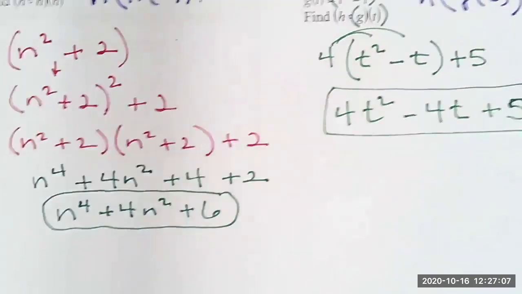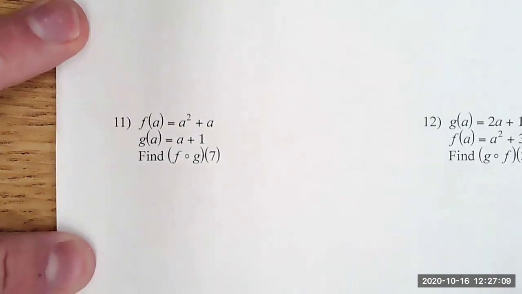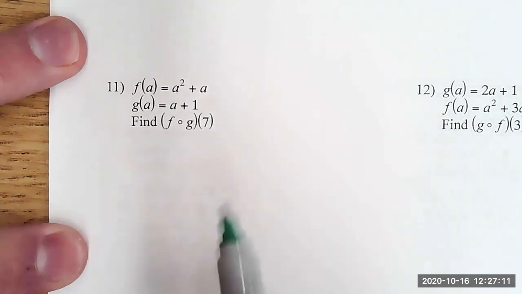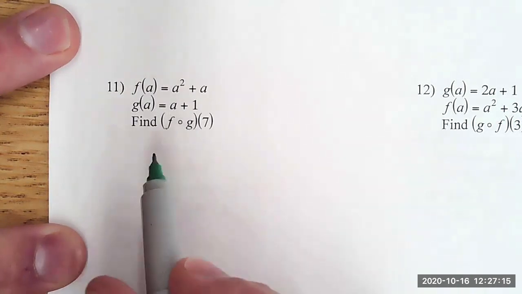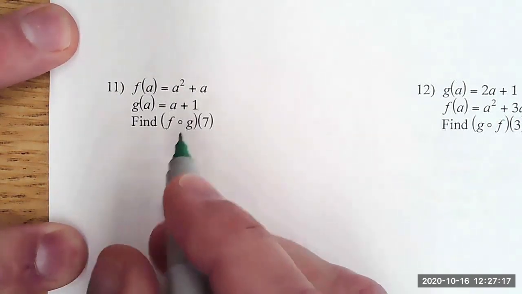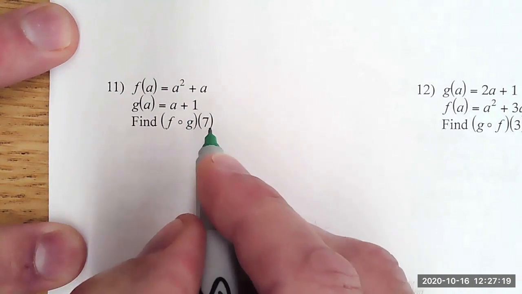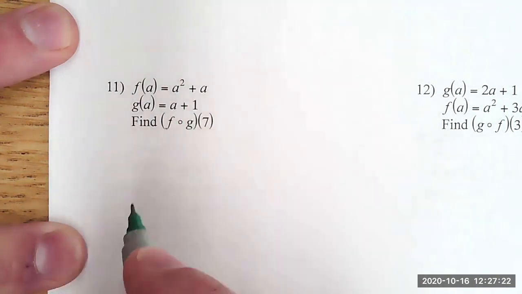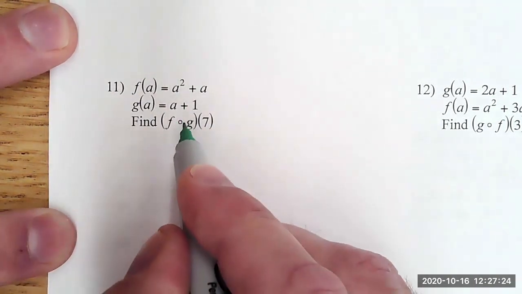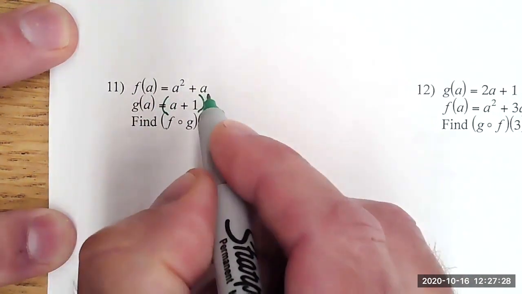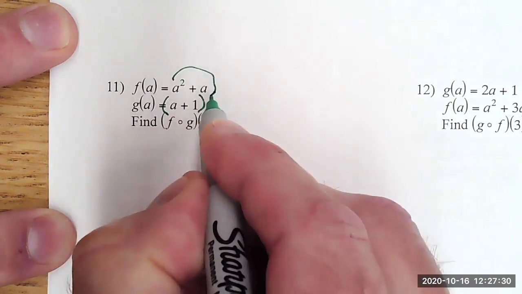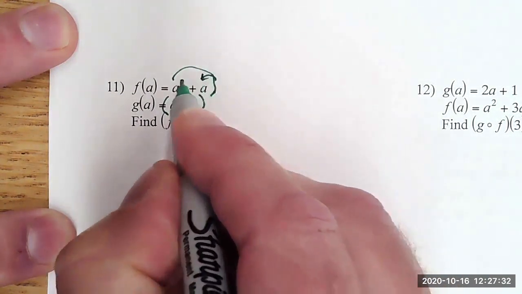What if we were to evaluate a composition? Well, there are a couple ways to do this. You can rewrite the composition and input g of a into function f, which would be this quantity, in for every place where I see an a in the other function.